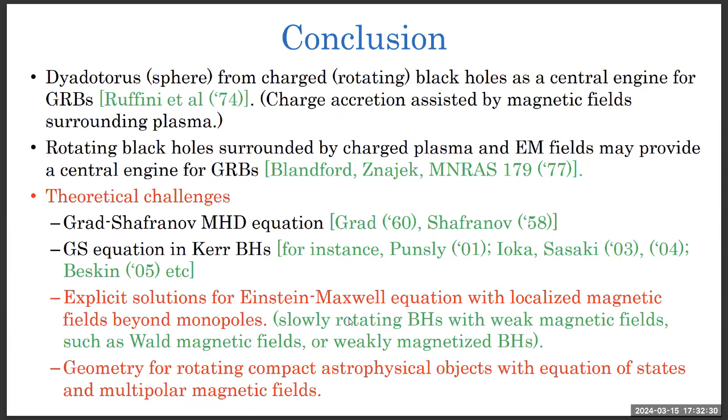So in that axisymmetric space-time geometry, we can have a magnetic field. In the given rotating black hole space-time geometry, just write down the MHD equation, which we call the GS equation.